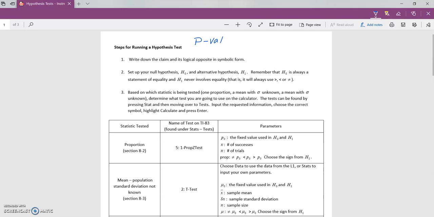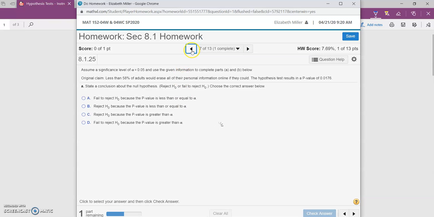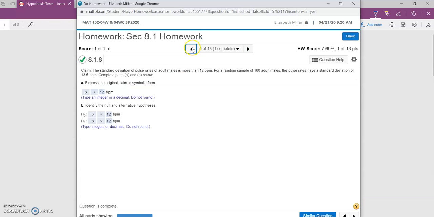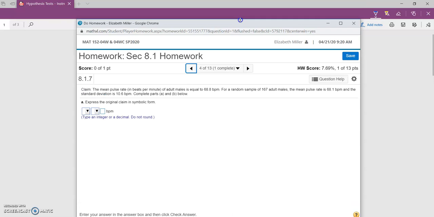So the first thing that we have to be able to do is take whatever claim is given in the problem and write down the claim and the opposite of the claim in symbolic form. So we're going to do an example here. It says in this one, the mean pulse rate of adult males is equal to 68.8 beats per minute.